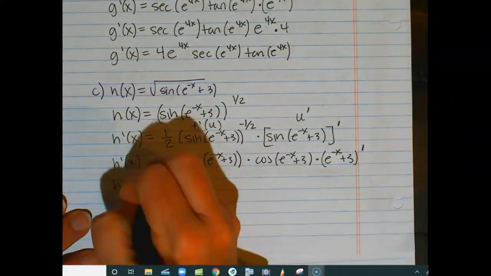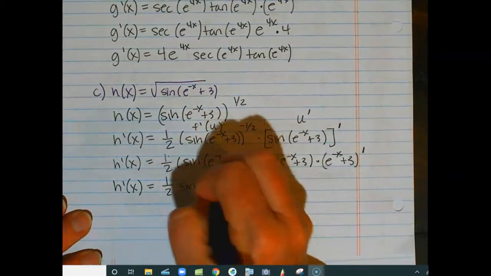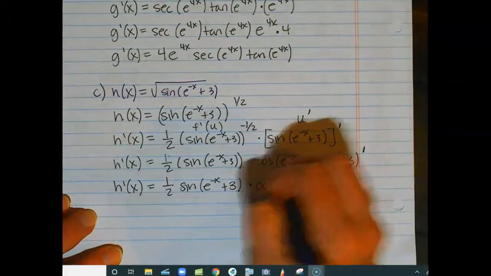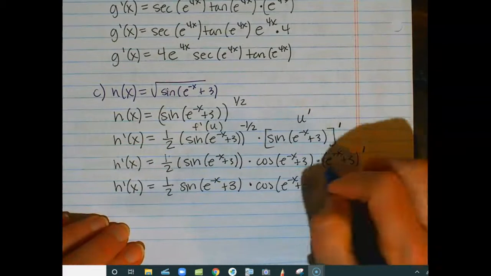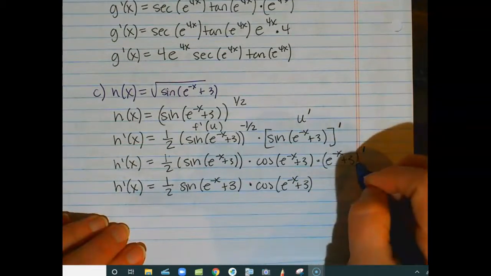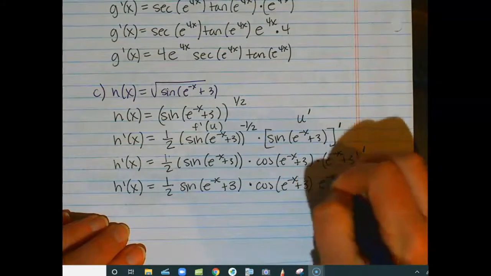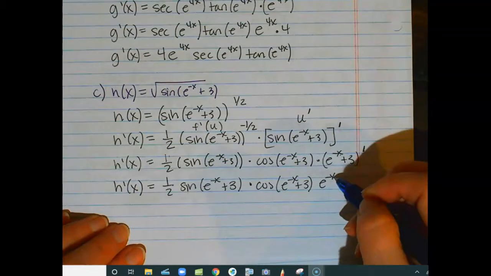H prime of x equals 1/2 sine e to the negative x plus 3 cosine e to the negative x plus 3. And when I take this derivative, e to the negative x stays, e, that's its composite function.